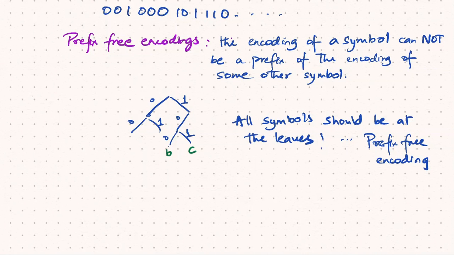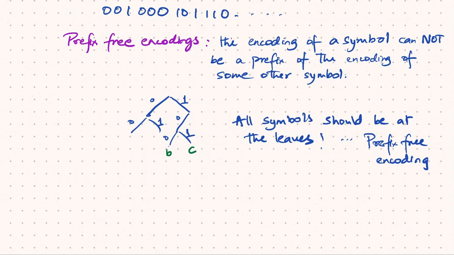If we have n symbols, we would like to have a binary tree which has n leaves. We are not saying it's a complete binary tree. It's some binary tree, but it has n leaves, and the path from the root to the leaf tells us the encoding of that particular symbol.